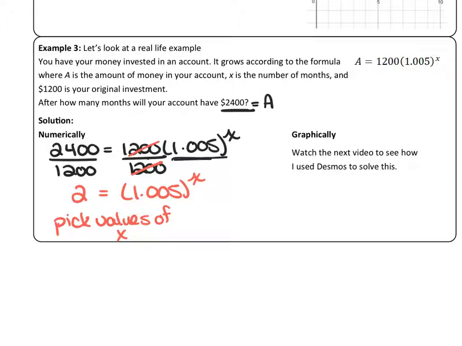I'm going to start with 12 months because that would be a year, and then I'll go up by that. So 1.005 to the 12. And that's only 1 point something. So that didn't get us very far. So I'm going to maybe do 10 years, which would be 120.